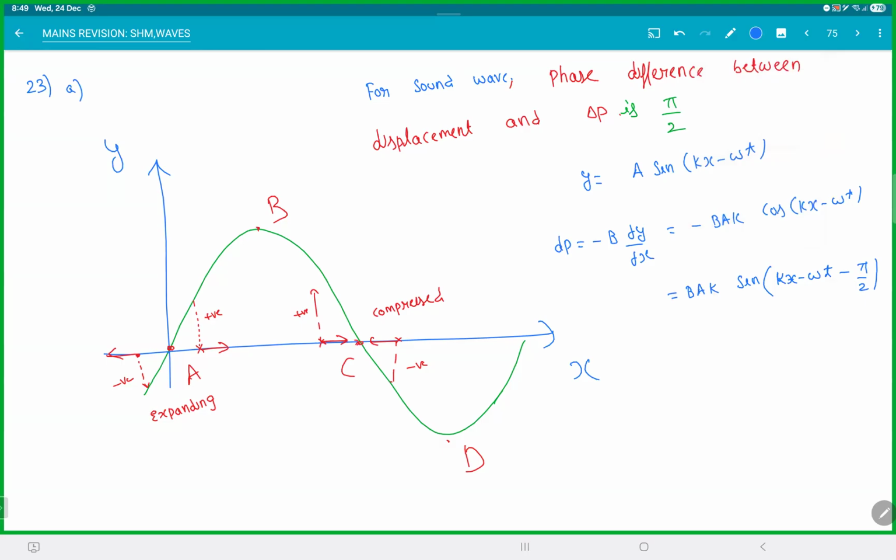Clear with this? In a stationary wave, what is the phase difference between 2 points in the alternate loops? Pi. Right? What is the phase difference between 2 points in the same loop? 0. In a diffraction, what is the phase difference between the two light rays coming from the two corners of the slit? 2 pi.